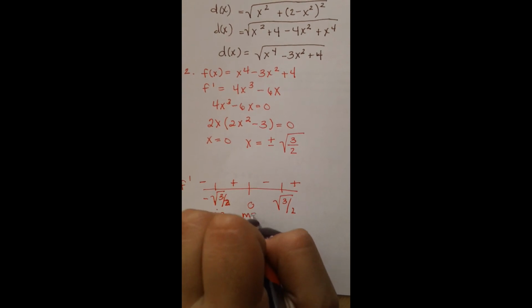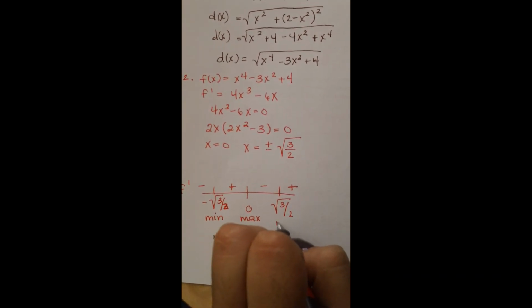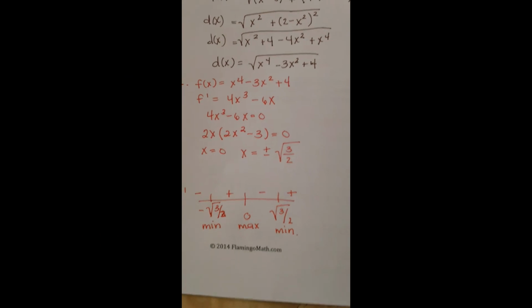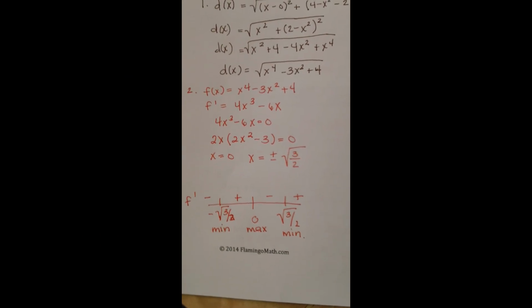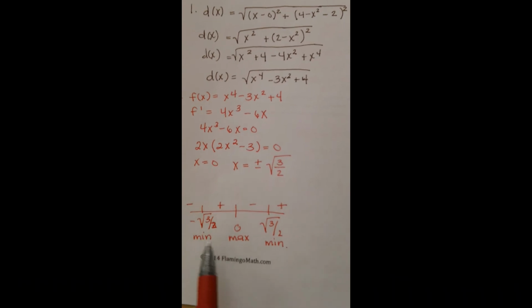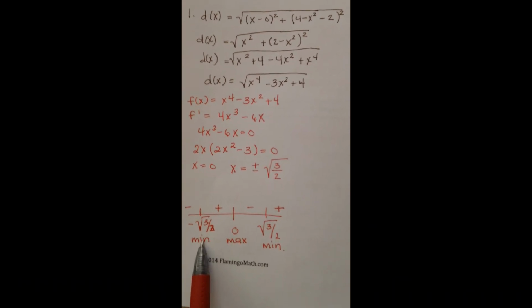Positive to negative is a maximum. Negative to a positive is a minimum. We're looking for the closest, so we're looking for the minimum values being negative square root of 3 halves and positive square root of 3 halves. So we now know that x is equal to both plus and minus square root of 3 halves.